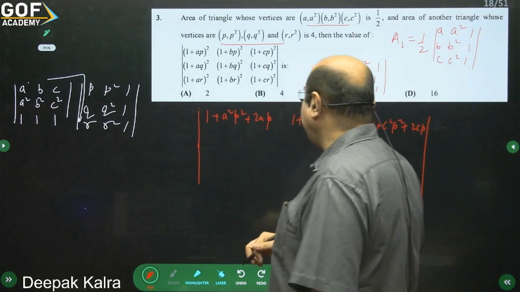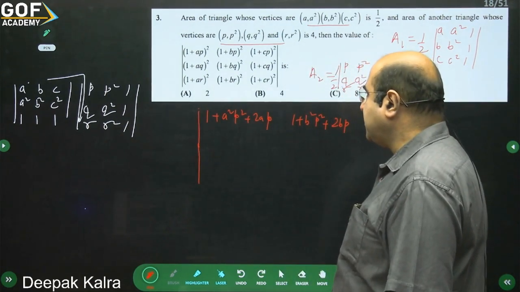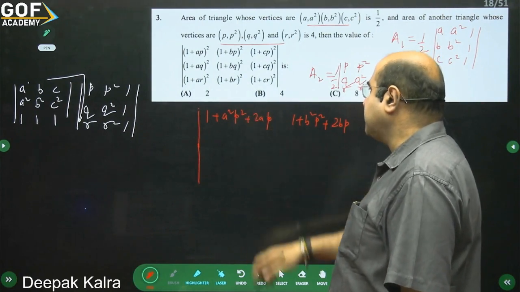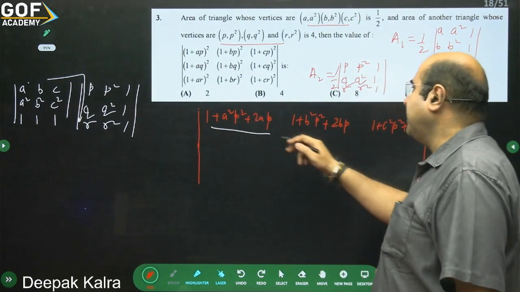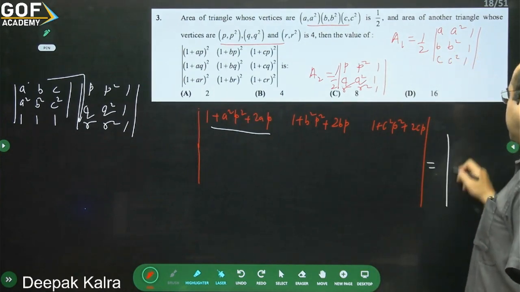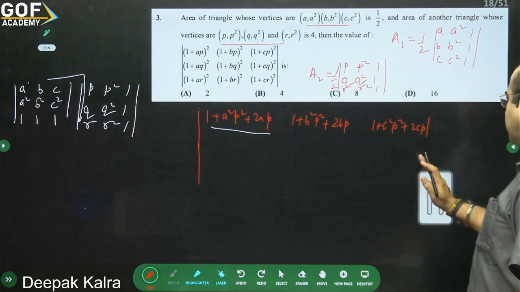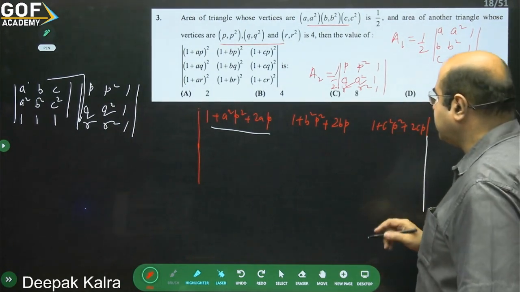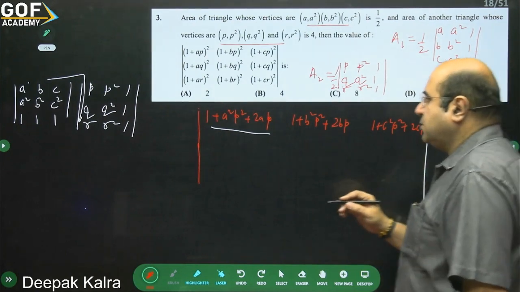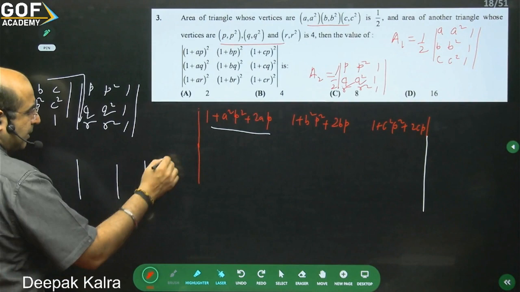Will I get any help of this type? 2ap I should get, a square p square I'll get. Okay, from this only I'll make it then. 1, I'll make it down. Better, so the space is less. To make it, I want two determinants.